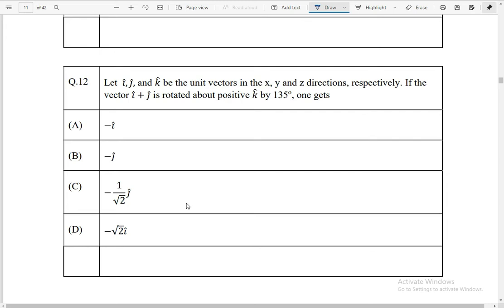If the vector i plus j is rotated about positive k by 135 degrees, one gets... Actually i, j and k are the unit vectors in the x, y, z directions, and if i plus j is rotated about positive k, it is actually the rotation matrix.